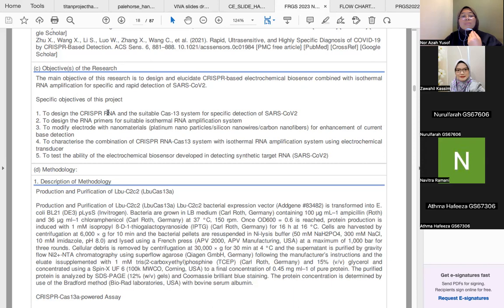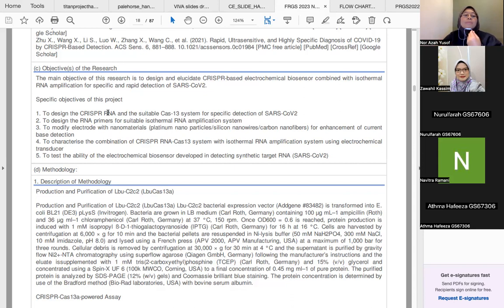What is measurable from here is that by the end of this objective, I should have an optimized design of CRISPR. Meaning I should have a model.